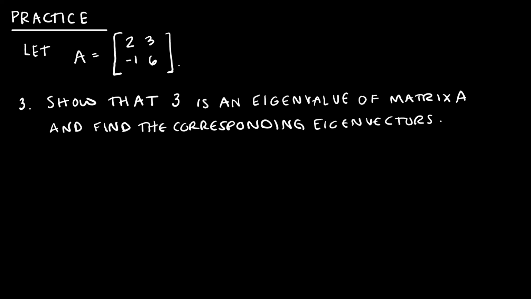Let's do a practice now that's just a bit more difficult. Again, we're still using the same equation that says Ax equals lambda x if lambda is an eigenvalue, and what we're trying to do is show that some value is an eigenvalue. I've already done a practice like this in the opposite order.